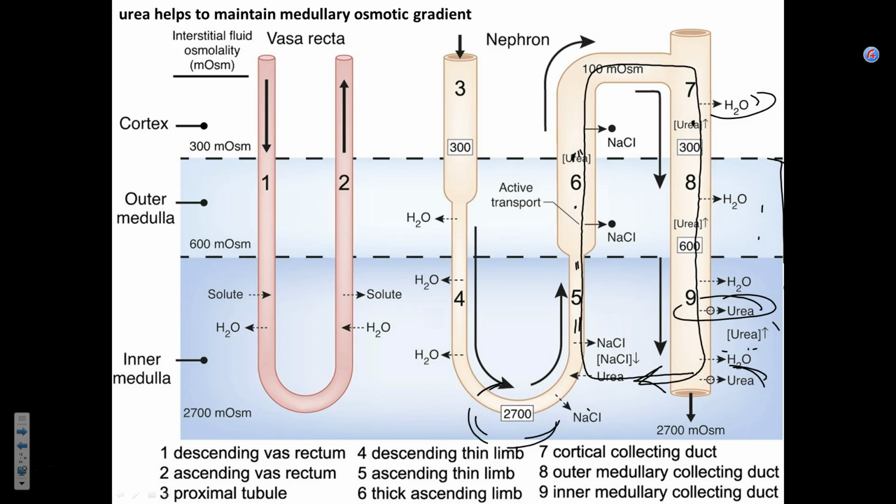Due to the differences in concentration, urea gets secreted in the medulla back into the filtrate, but it gets reabsorbed in the collecting duct to be secreted into the filtrate to be reabsorbed in the collecting duct. Does that make sense? And that movement of urea allows you to maintain the gradient. So high concentration, lower concentration in the medulla. That's the role of urea in the maintenance of the osmotic gradient.